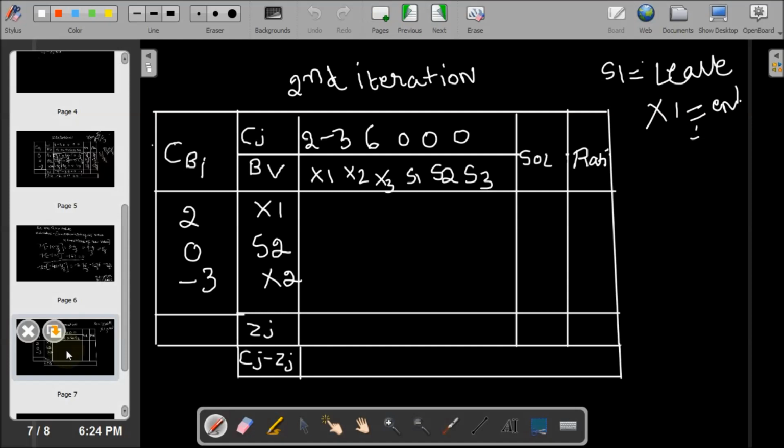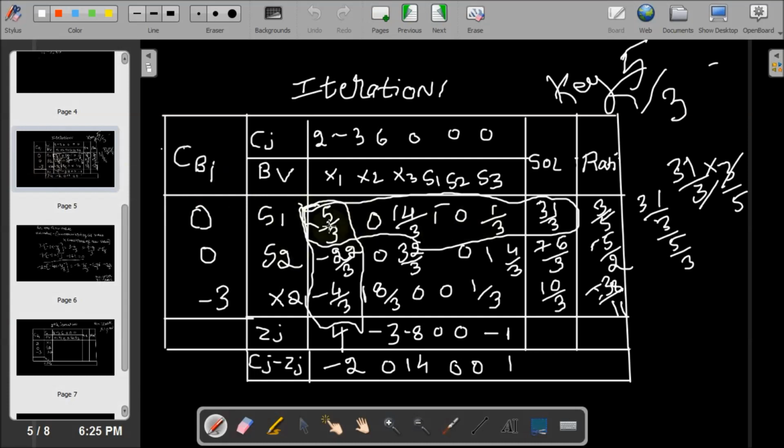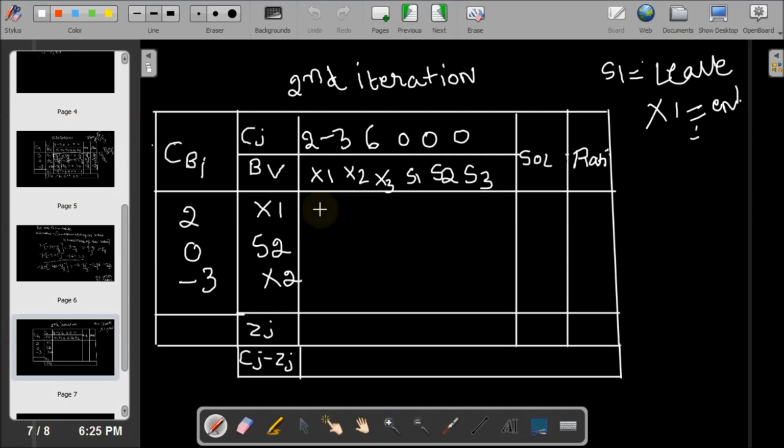Now I have to write the values for x1. How do I calculate the value for x1? Where we got the key element, what is the old value for s1? We have to consider the old values for s1. The old value is 5 by 3. Directly I will write the values, because you know how to calculate them now. 5 by 3 for x1.